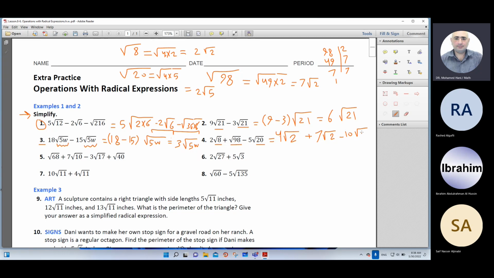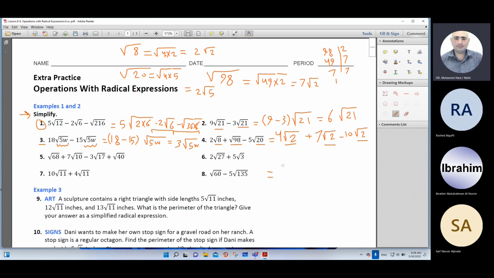Square root of 2. Now as you see, here you have 4 square root of 2, here you have square root of 2, here you have square root of 2. So we have the same square root. Now we can do add or subtract between them.